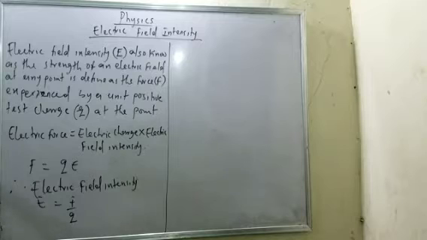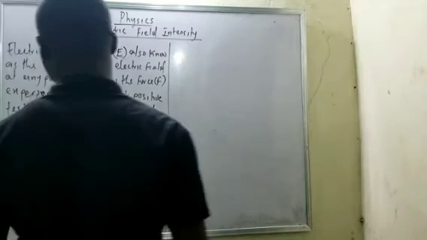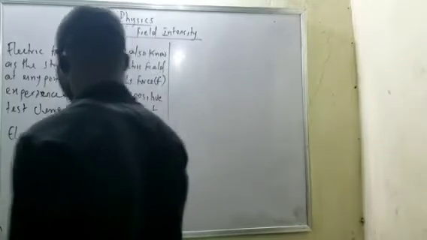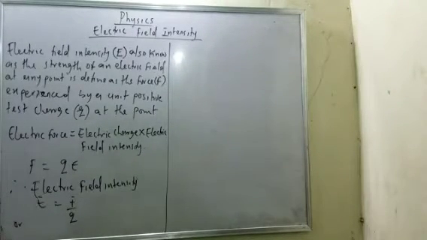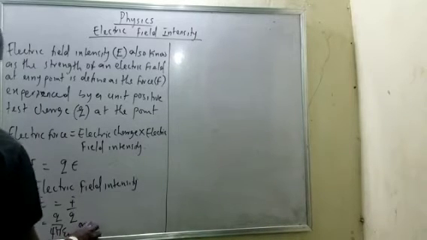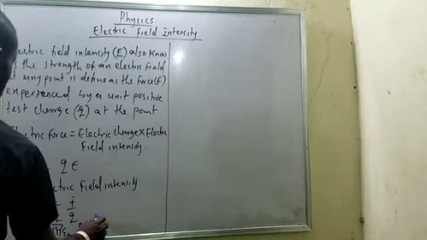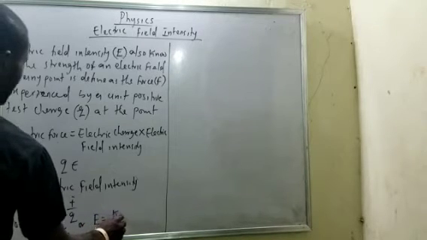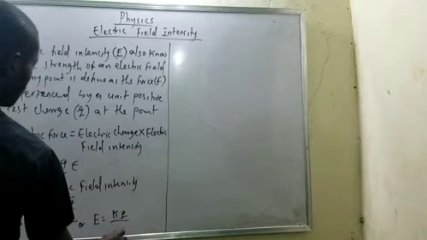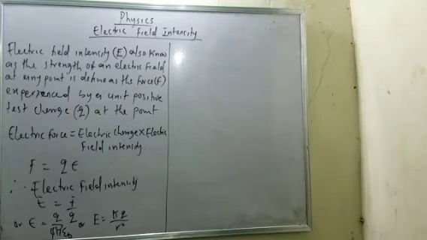Now, we can also rewrite this in this form: my E equals Q all divided by 4 pi epsilon naught, or my E equals K Q over R squared, which I've explained in our previous video.